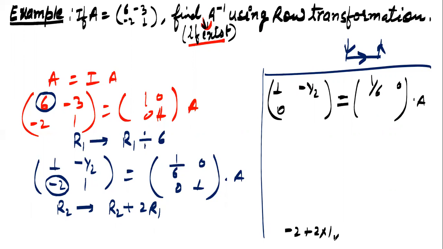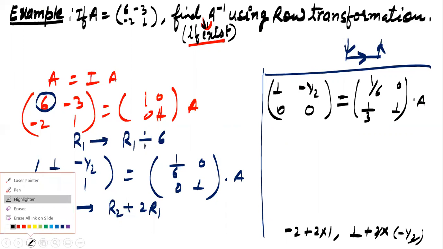Second element, 1 plus 2 into minus 1 by 2, it will become 0. Same way we will write over here. It will become 1, 0, R2 plus 2R1, that is 1 by 3, and it will become 1. And here you can see one change.